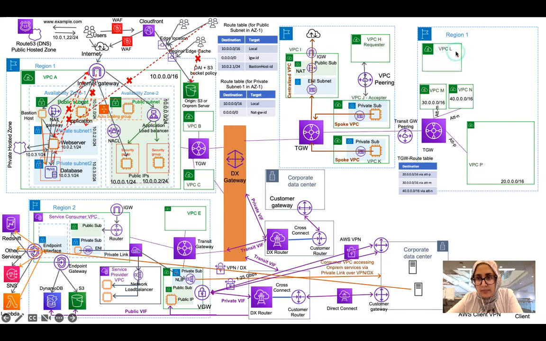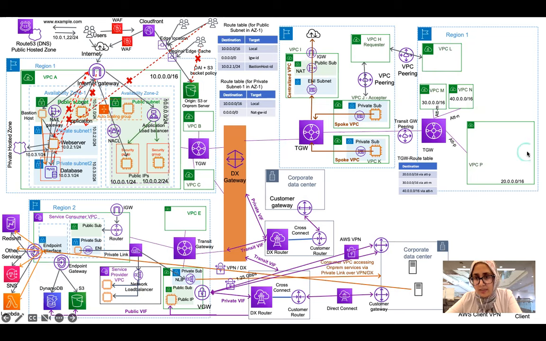And then if I have another VPC in another region, and this VPC is connected to this VPC in the other region through VPC peering, can I say that this VPC can talk to this VPC? No, they cannot talk. If it was a transit gateway like this one, connecting all these VPCs together, they can talk to each other, because these VPCs are connected to this transit gateway, and the transit gateways are connected to each other.